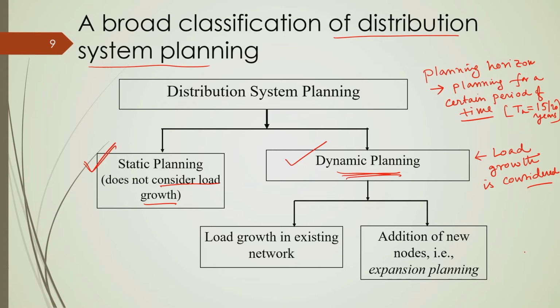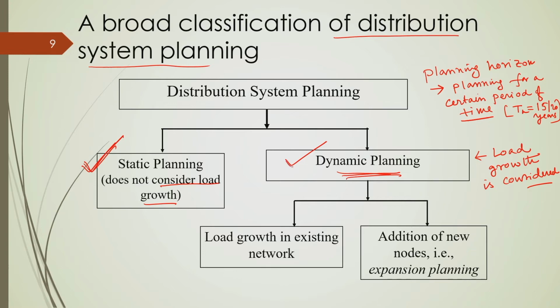Okay. So, if we plan a distribution network considering a planning horizon of 15 years without considering the load growth in between, then it will belong to the category of static planning.